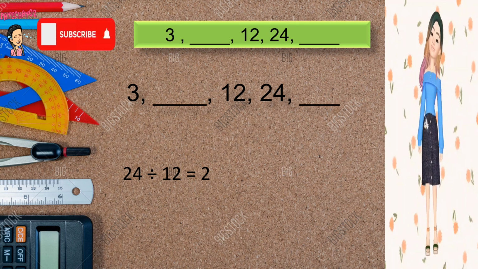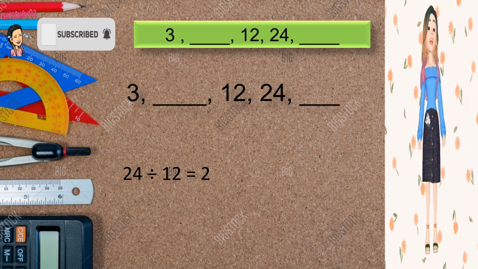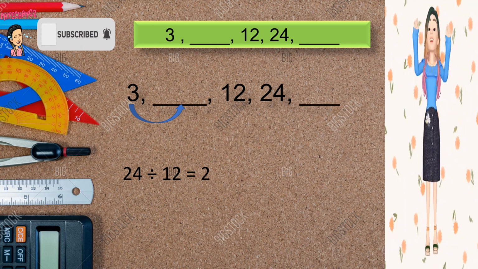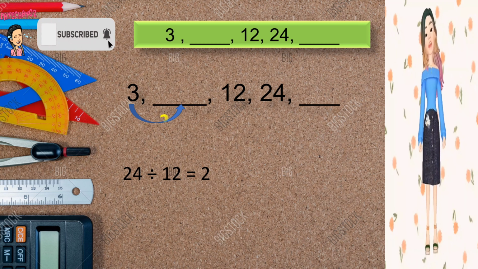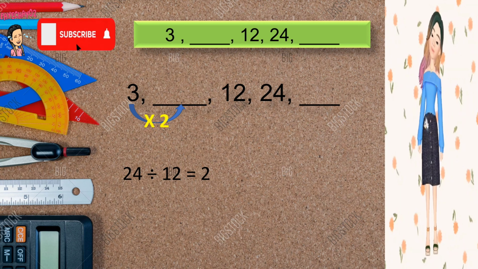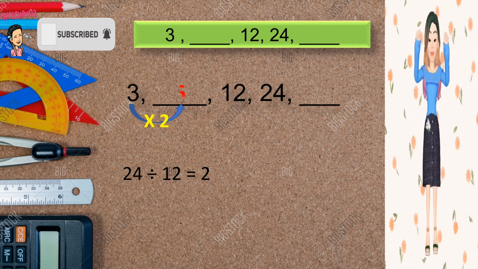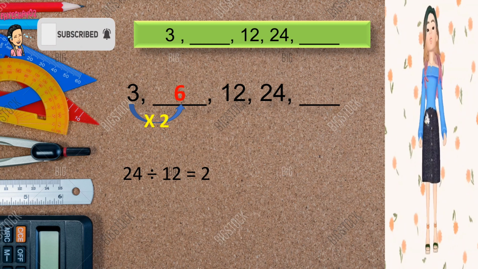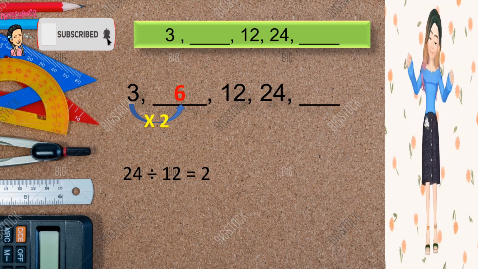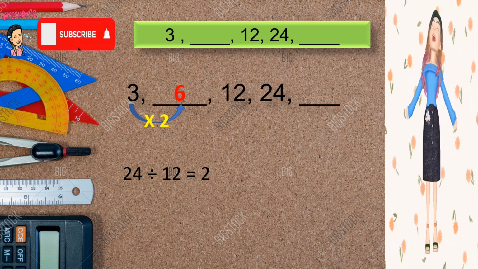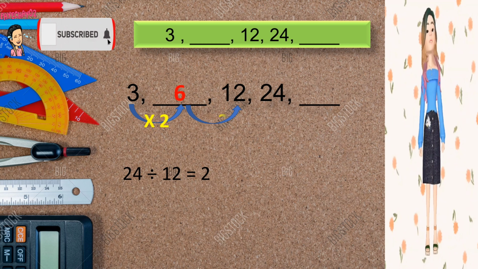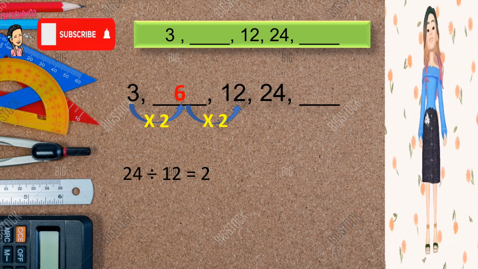So, let us multiply the first term by 2 para makuha natin ang second term. So, times 2. 3 times 2 is 6. Okay? Check natin kung magtatama yung second at saka third term. So, again, multiply 6 times 2 is equal to 12.